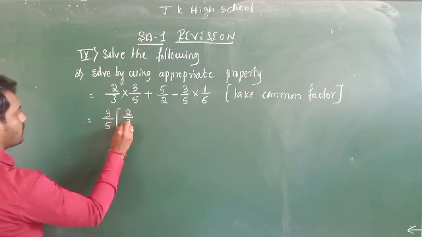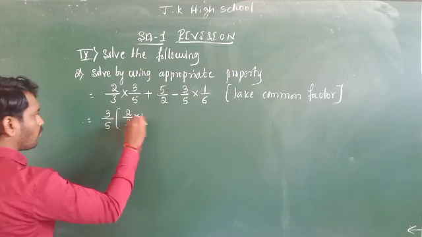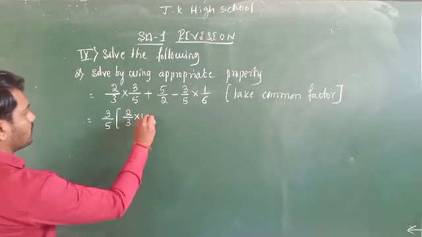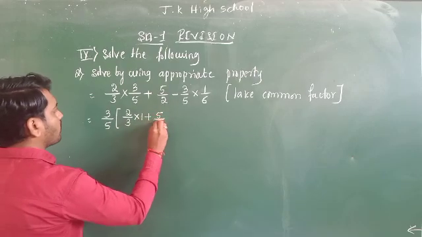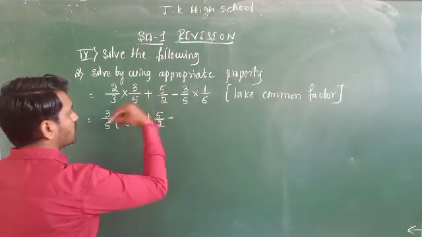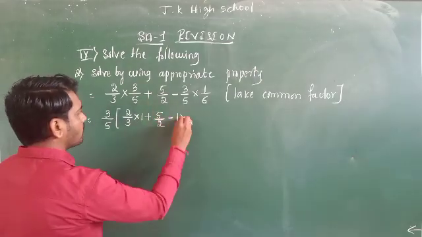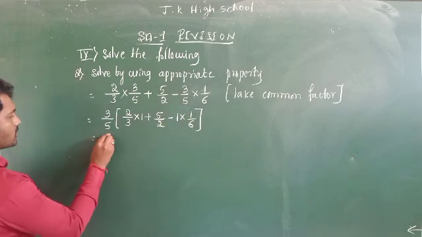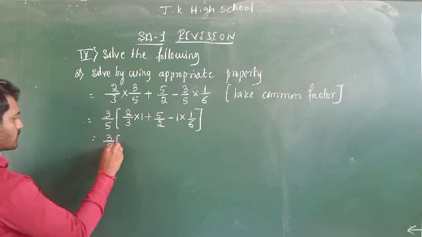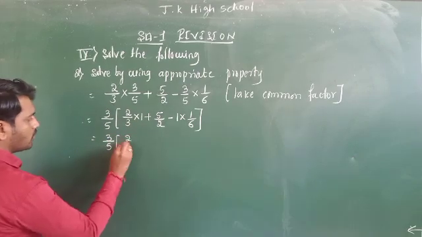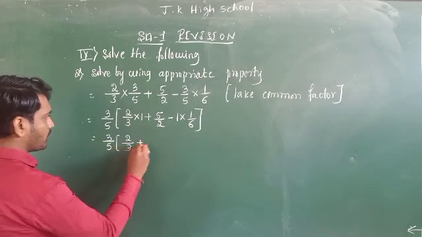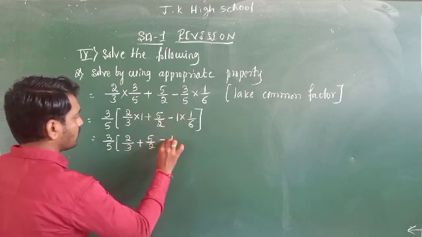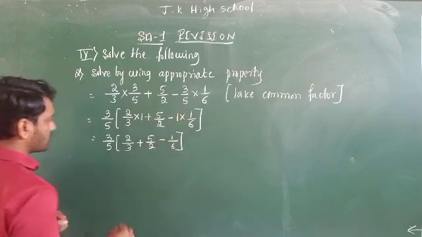Remaining values are 2 by 3 into 1 because 3 by 5 is outside, remaining is 1 plus 5 by 2 minus 3 by 5 went outside, 1 into 1 by 6. Correct? Next, 3 by 5 as it is, 2 by 3 plus 5 by 2 as it is, and minus 1 divided by 6.